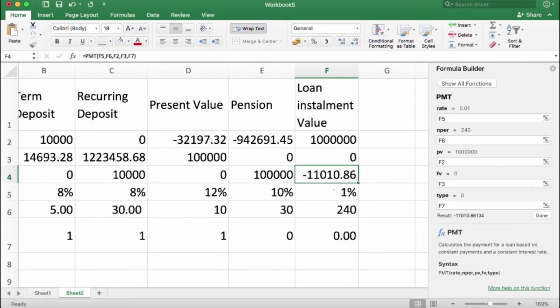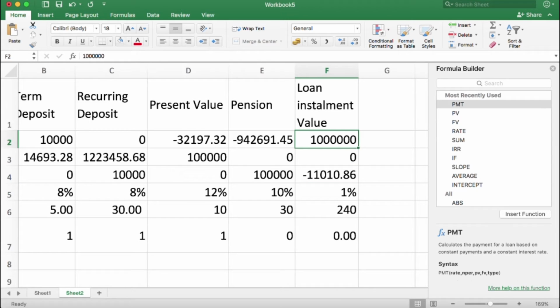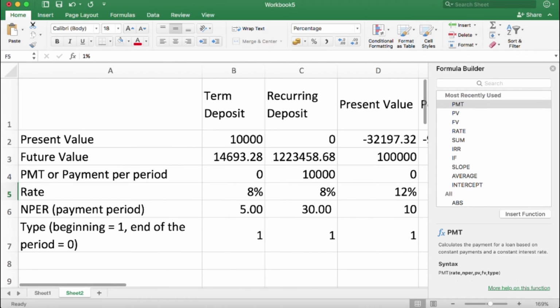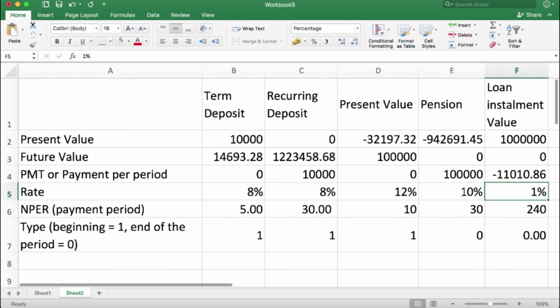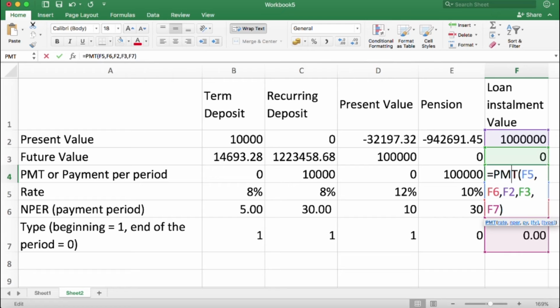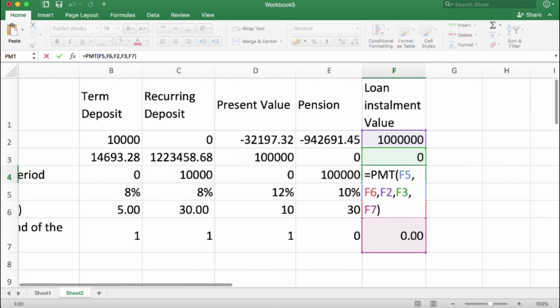It means to repay this loan of 1 million over 240 months at 1% per month interest rate, we need to pay 11,010 rupees 0.86 paise. So the PMT function would be useful to answer this question. If you double click, you can see the function PMT and all the variables we can insert and then find out the value.